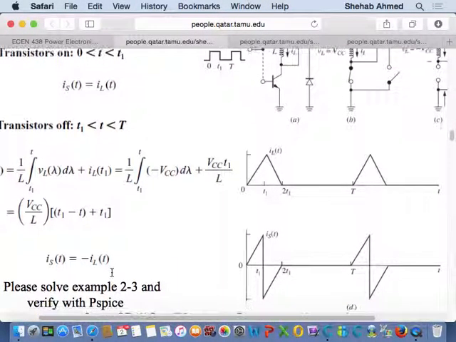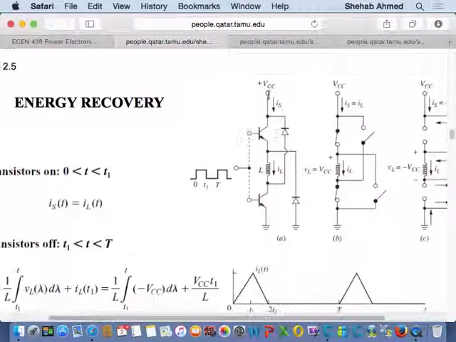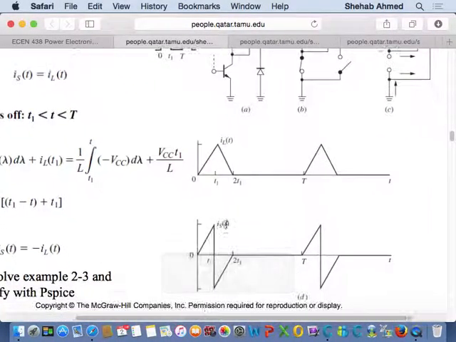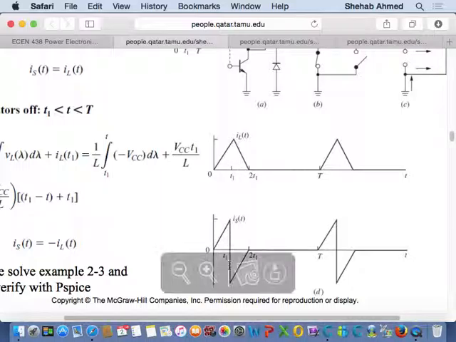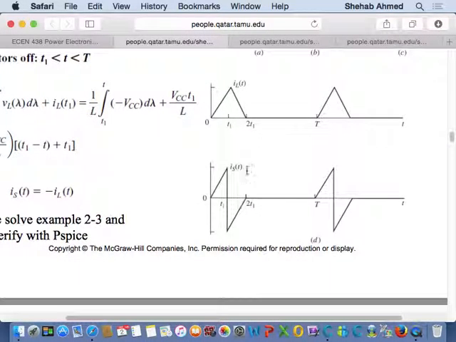Zero, right? And this is source current, and source voltage is DC, right? So it's just this current multiplied by some value. Because these two times are exactly the same, because the slopes are exactly the same, the area here is equal to the area here, and average source power in this case is zero, right?